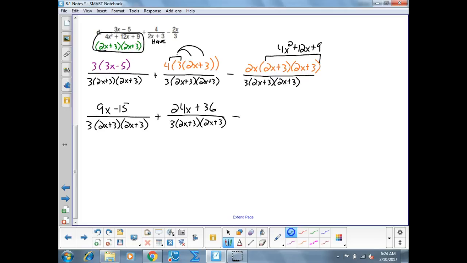Knowing what you already know, use what you've already had. So when I multiply the 2x into those three spots, then I get 8x cubed plus 24x squared plus 18x.